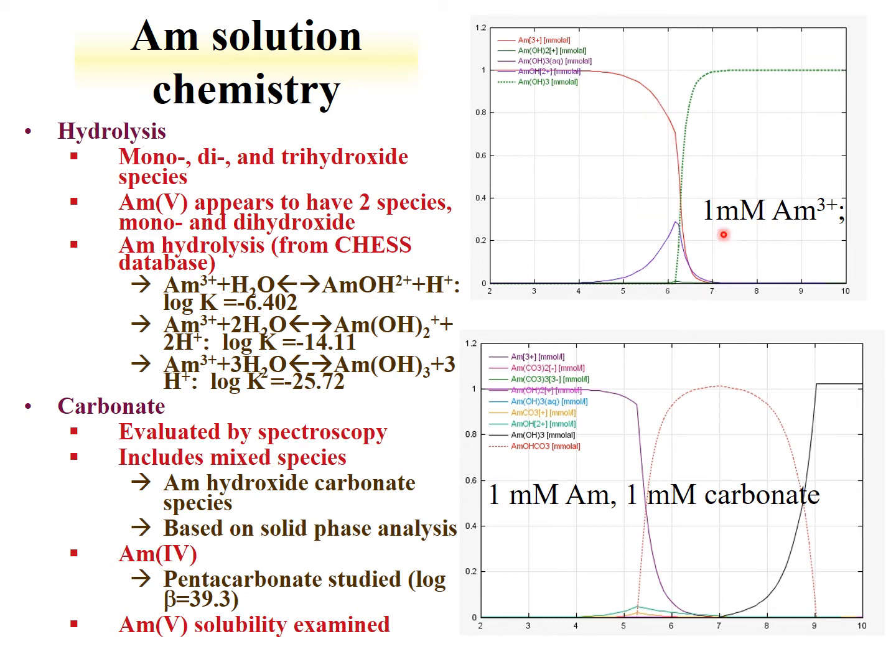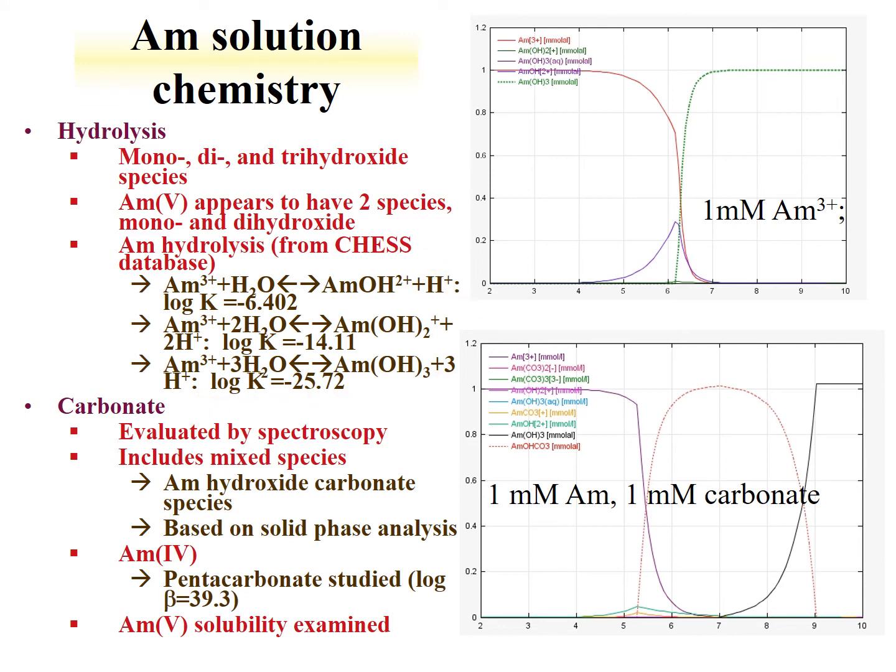The formation of mono, di, and trihydroxide species increases, where the trihydroxide of americium dominates at the higher pH. The hydrolysis constants available from CHEM are provided here. You can compare those to the complexation constants on the previous slide.